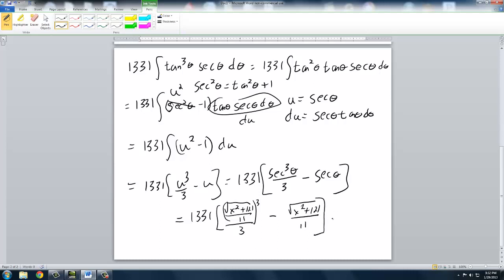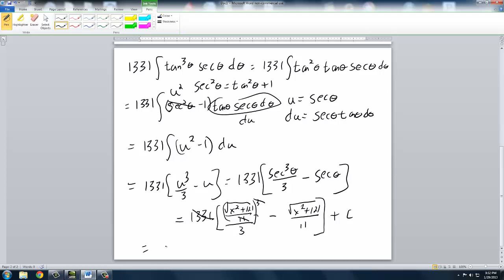I'm going to put a plus c on this. This does need to be simplified. I do believe this 1331 and this 11 cubed are going to cancel, at least for the first term. And then what is 1331 divided by 11? That's 121.